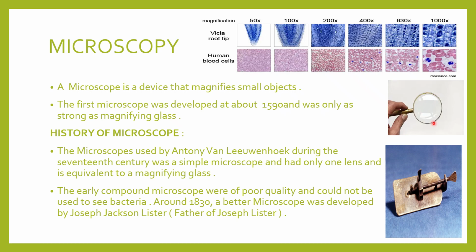Now a little bit of the history of the microscope. The microscope used by Antony van Leeuwenhoek during the 17th century was a simple microscope and had only one lens, equivalent to a magnifying glass. We all know about Antony van Leeuwenhoek.